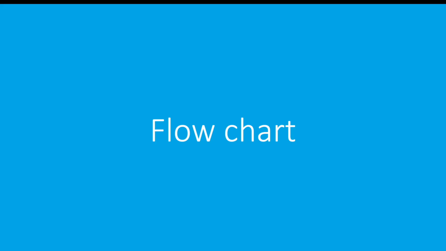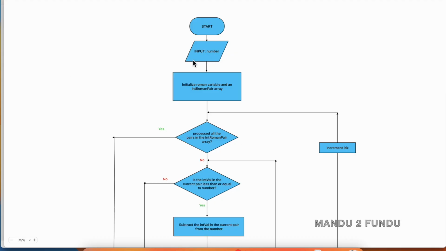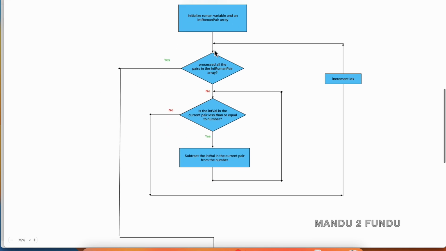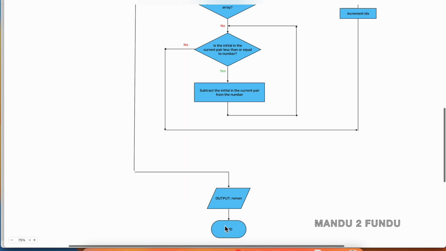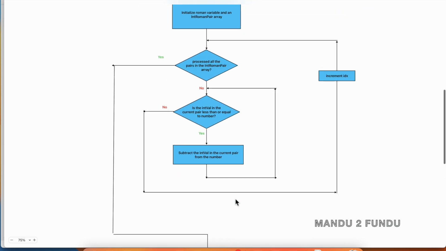Let's look at the flow chart. Input for this procedure is an integer number. First we initialize the string variable called Roman, then we create an int-Roman pair array and traverse it. We check whether we processed all the entries in that array. If so, we come out and return the Roman string.